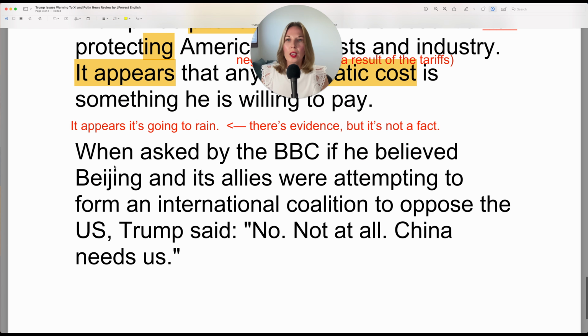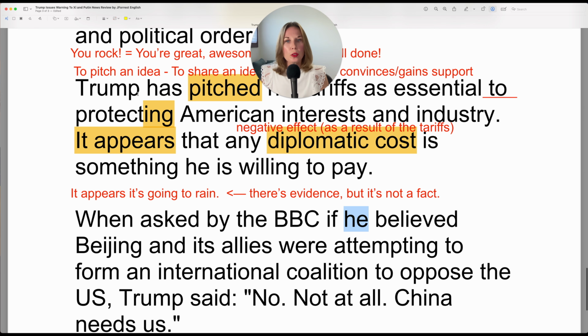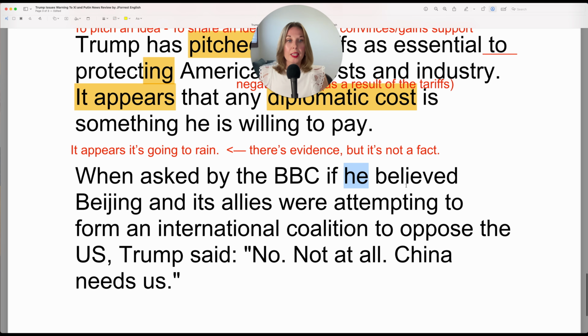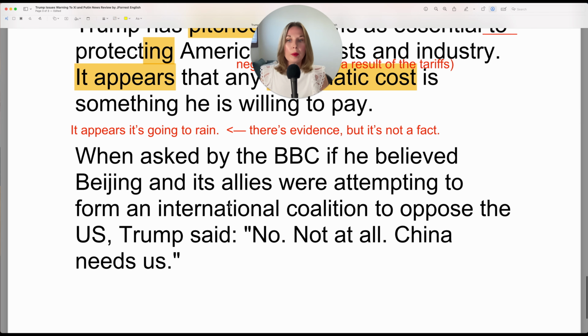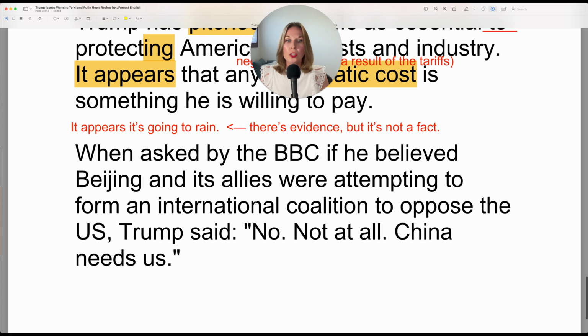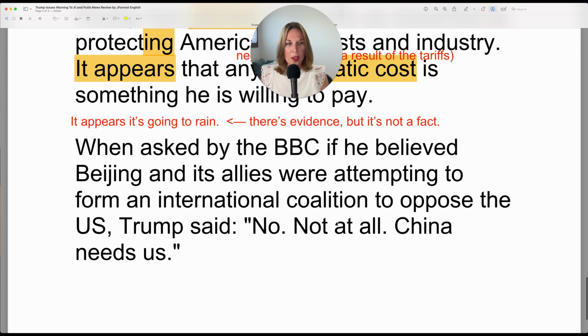Let's keep going. When asked by the BBC if he believed, so he represents Donald Trump, and you always assume that it's the last person identified if they use the pronoun. When asked by the BBC if he believed Beijing and its allies were attempting to form an international coalition to oppose the US, Trump said, "No, not at all.